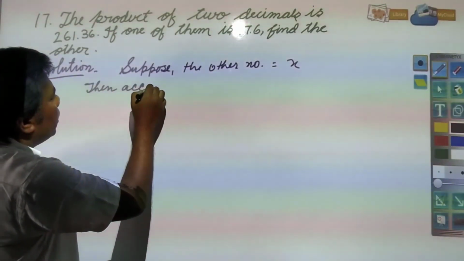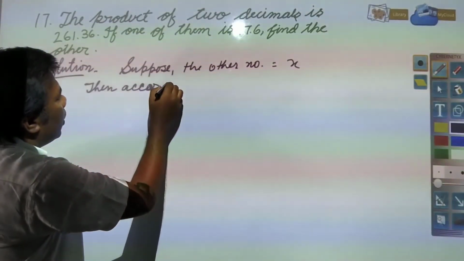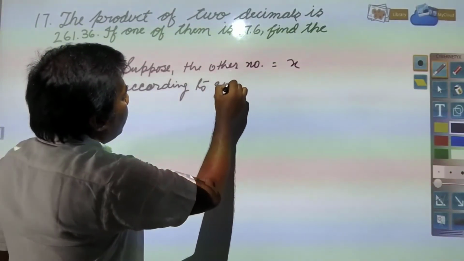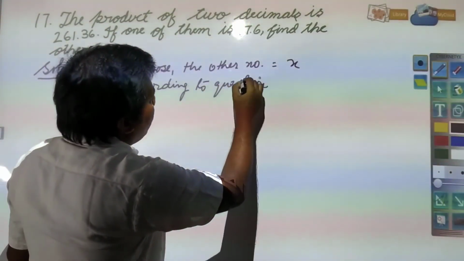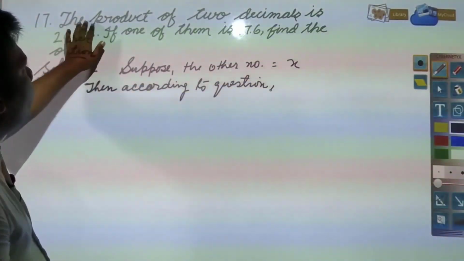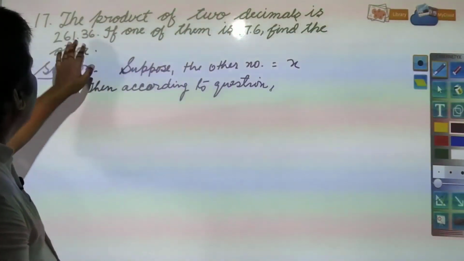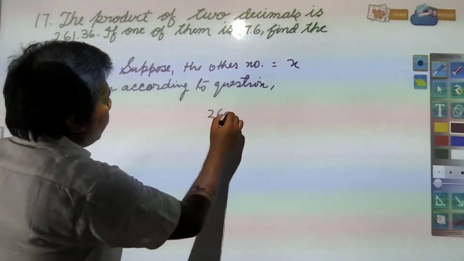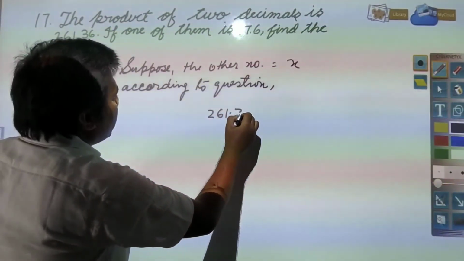Then according to question, what you have? The product of two decimals is 261.36.